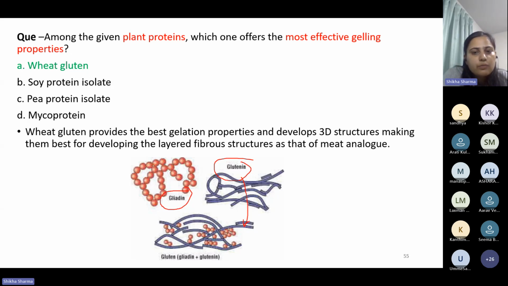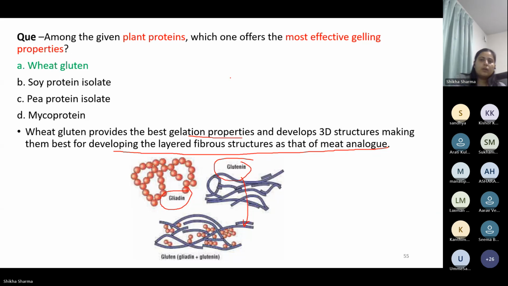Gliadin and glutenin form the 3D structure by making hydrogen bonds or disulfide bonds, which provides the gelling property. Because of that, there is development of layered fibrous structures, and it helps when we make meat analogs.